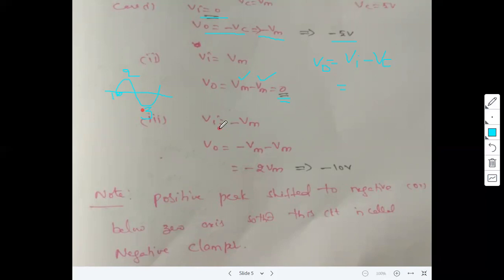Only three cases. To analyze a clamper circuit, we always follow these three cases: Vi equal to 0, Vi equal to Vm, and Vi equal to minus Vm.